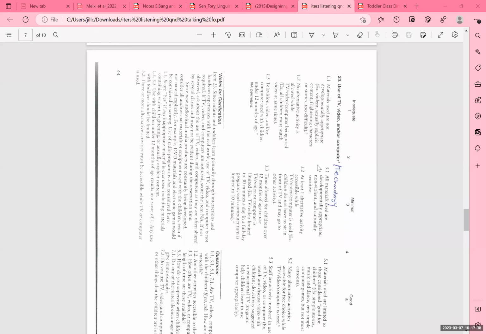Then continue to follow suit. 3.1, are all materials used developmentally appropriate, nonviolent, and culturally sensitive? Yes, but if the answer to that is honestly no, then write no and move on. Keep answering the rest of the ITERS indicators. Then you're going to go back to the guidelines and answer the commentary.